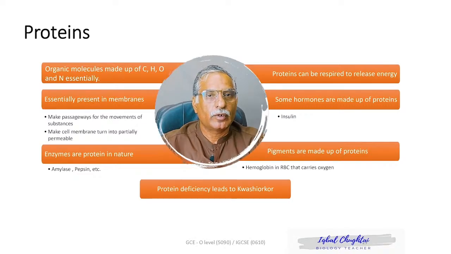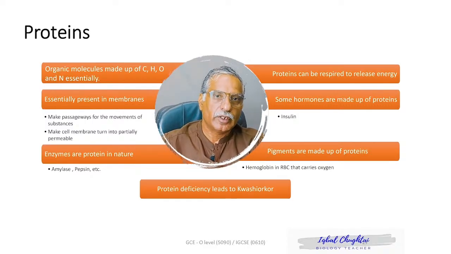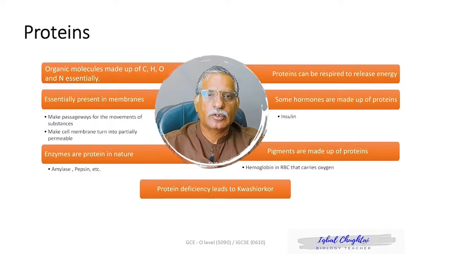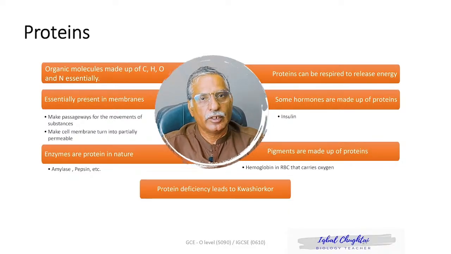Proteins are very important because most of the enzymes, meaning all the enzymes that catalyze chemical reactions inside our body, within the cells, within the organelles, are all made up of proteins. Most of the hormones like insulin and ADH are made up of proteins.